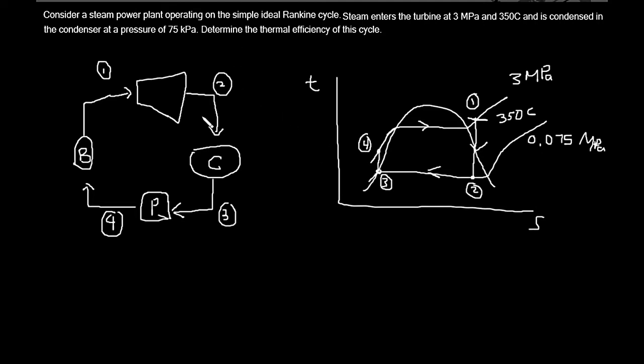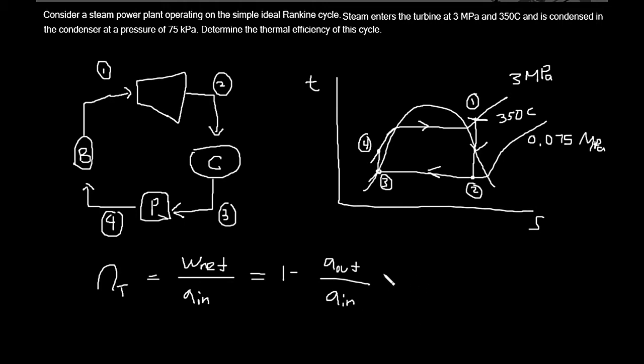Then to solve for the efficiency, you have this formula: efficiency is equal to net work over Q added, or Q in. Net work is equal to Q in minus Q out. So you have Q in minus Q out over Q in, which means 1 minus Q out over Q in.